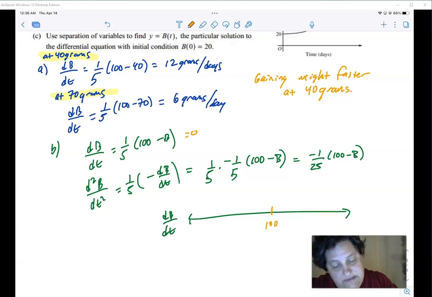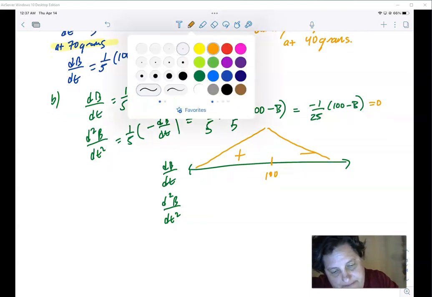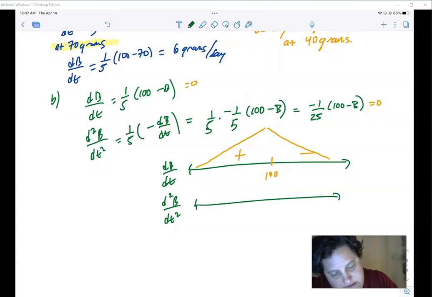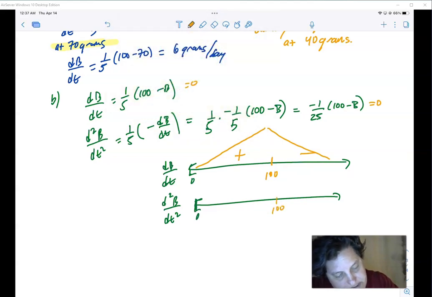Anything less than 100, like 50, would be positive. Greater than 100, like 200, would be negative. So the baby bird is increasing, then decreasing. Now let's make a sign line graph for the second derivative. If I set the second derivative equal to 0, it also changes signs at 100. This is blocked off at 0 because it doesn't go before that. So at 100 is where it's changing concavity.